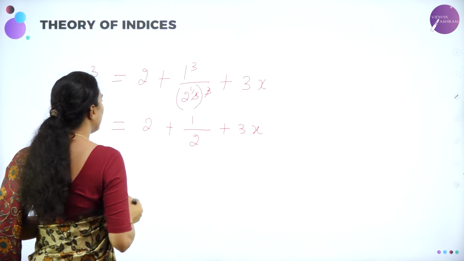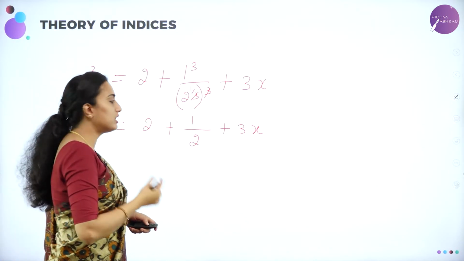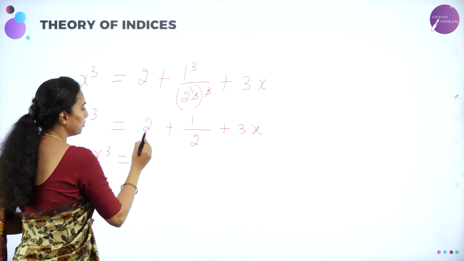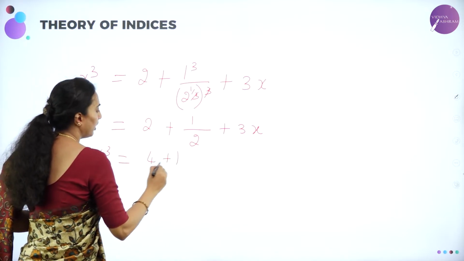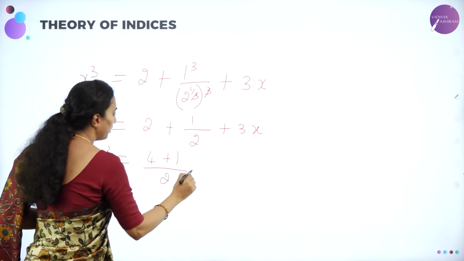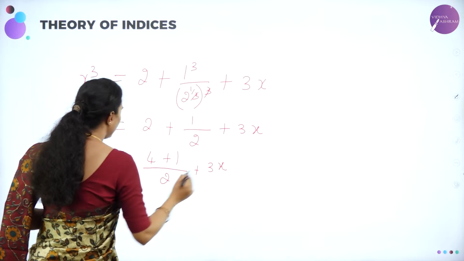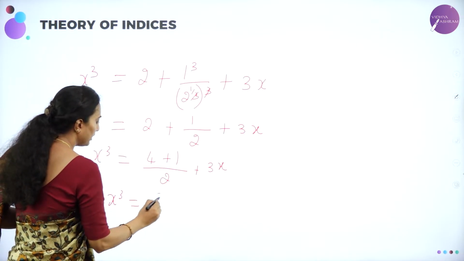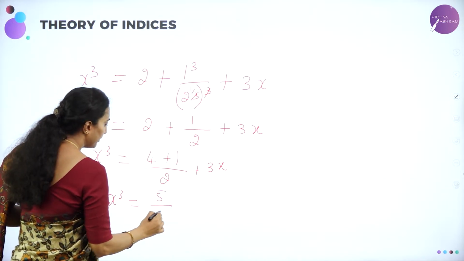So what will it become? You can take LCM. x cube will be equal to 2 2s are 4 plus 1 divided by 2, plus 3x. Again, if you take LCM, 4 plus 1 is 5 by 2.